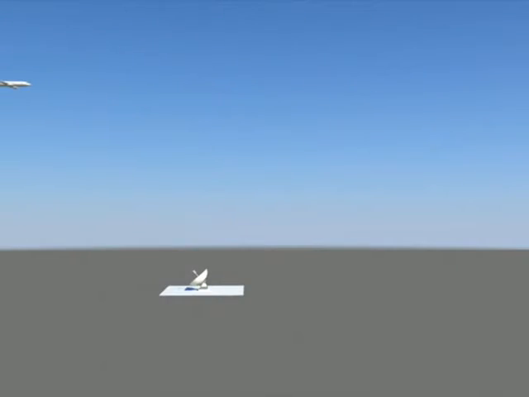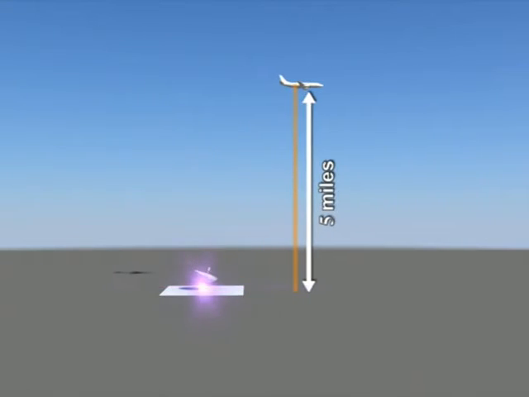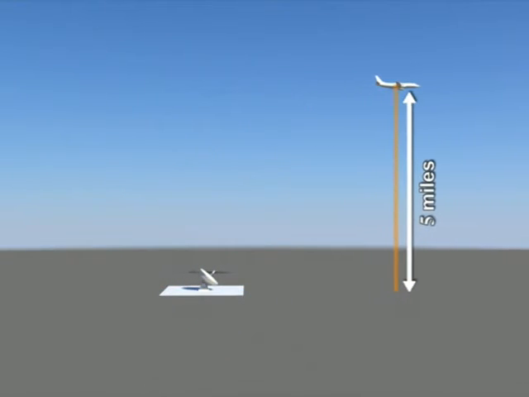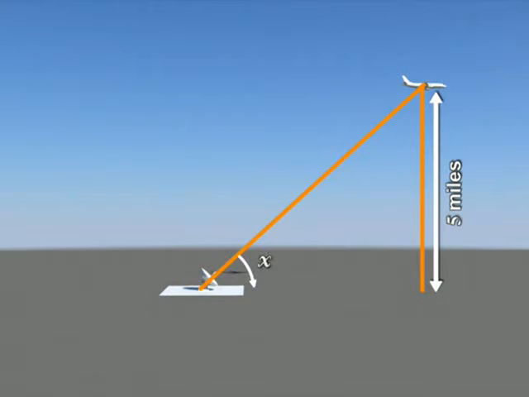Here's a picture of the scenario. The height of the plane is always 5 miles, and there's the radar station over there. The radar station is making an angle x with the horizontal up to the plane, and d is the distance between the radar station and the foot of the plane, the point perpendicular to the plane's position. So that forms a right triangle.